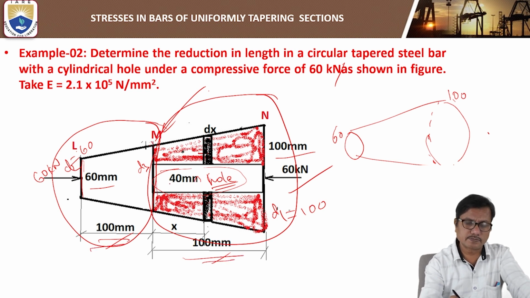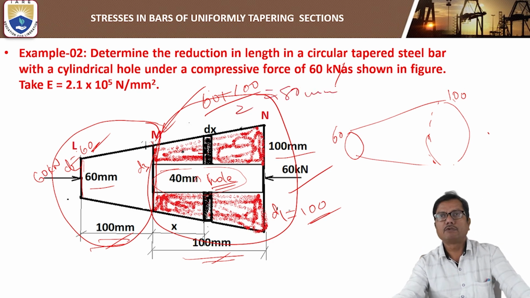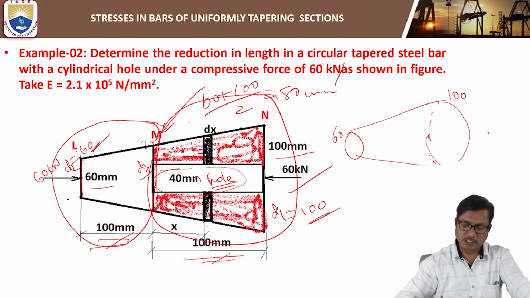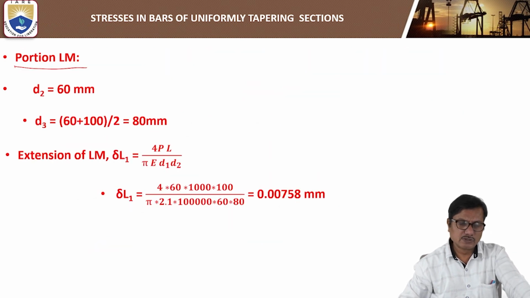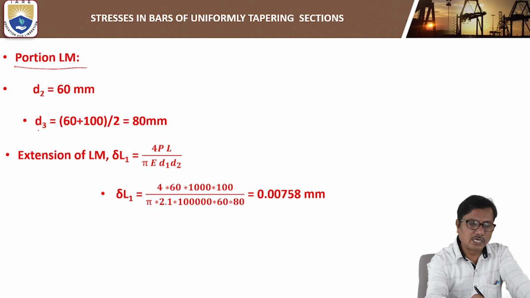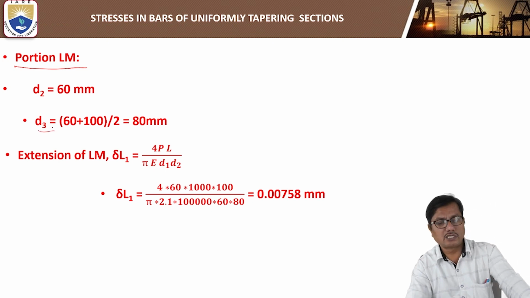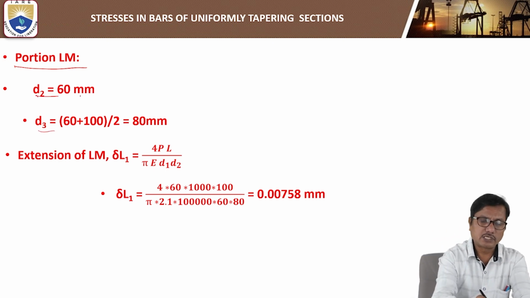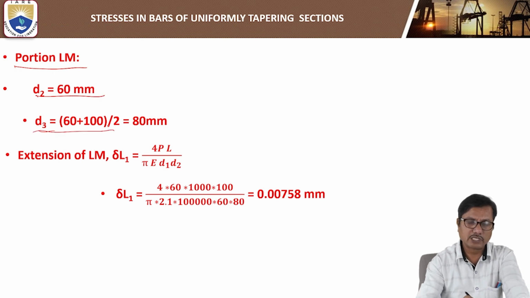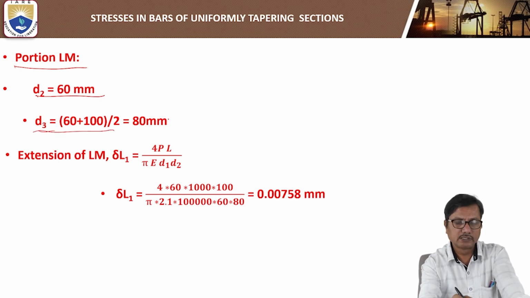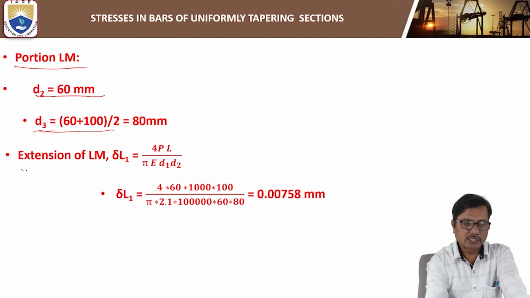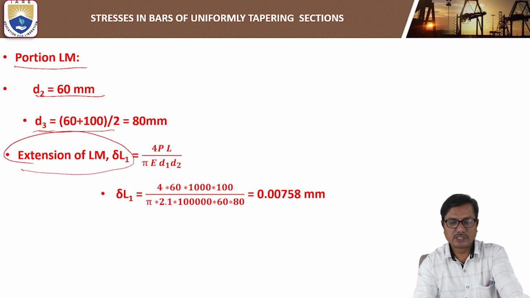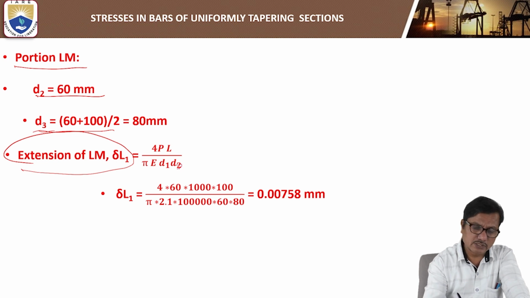So at this point the diameter will be the average, 60 plus 100 by 2, that is 80 mm. That is diameter D3, say, at M. So this is the diameter at L, diameter at M, average of 60 plus 100, that is 80 mm.